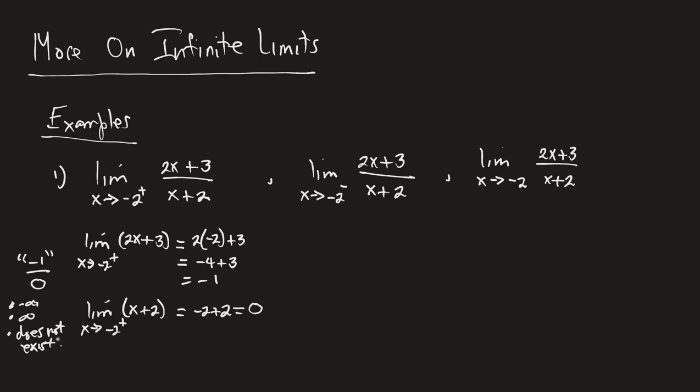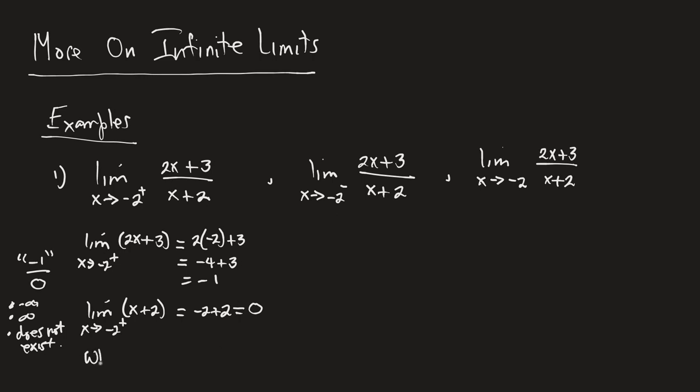Right? So how do we decide? Well, the fact that it's a one-sided limit is telling me that x is getting closer and closer to -2, but is slightly bigger than -2.